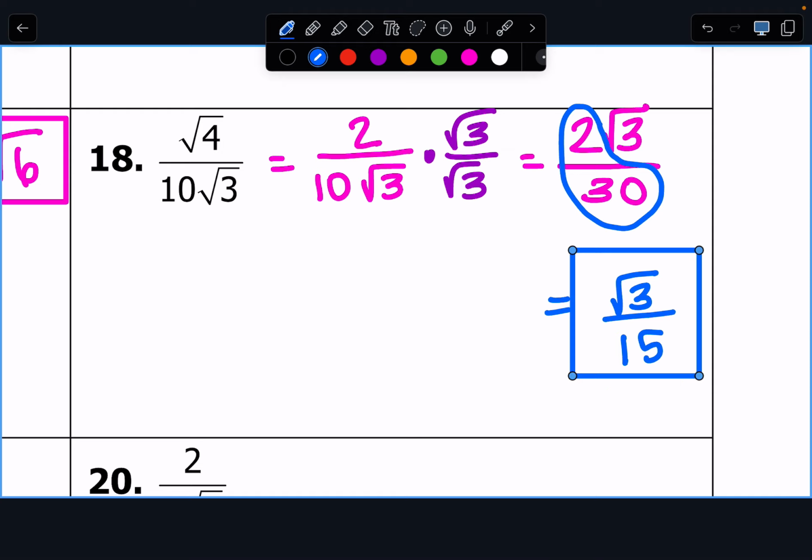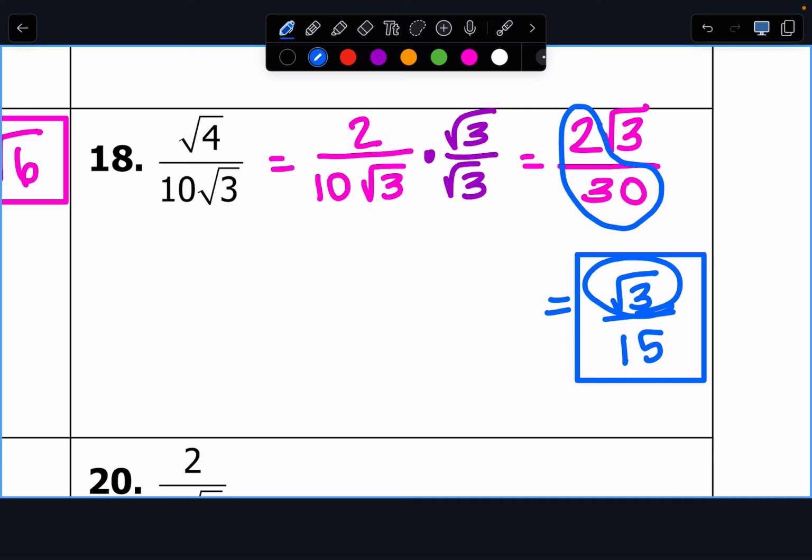Now, I know that 3 and 15 look like, hey, that's a fraction that can be simplified. But remember, 3 is under the radical, 15 is not. So they have nothing in common with each other. I can't simplify when one number is underneath and one is not.